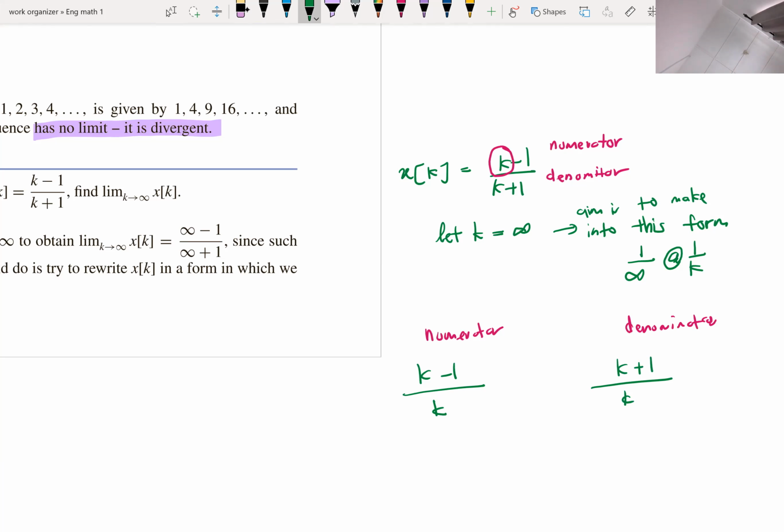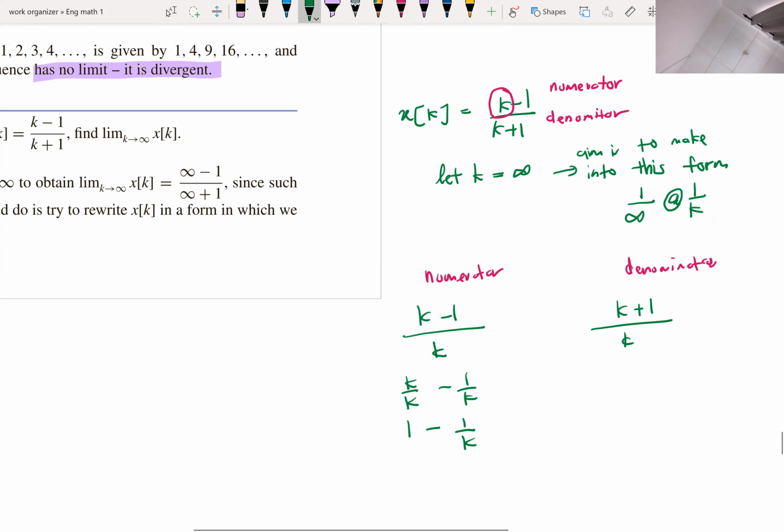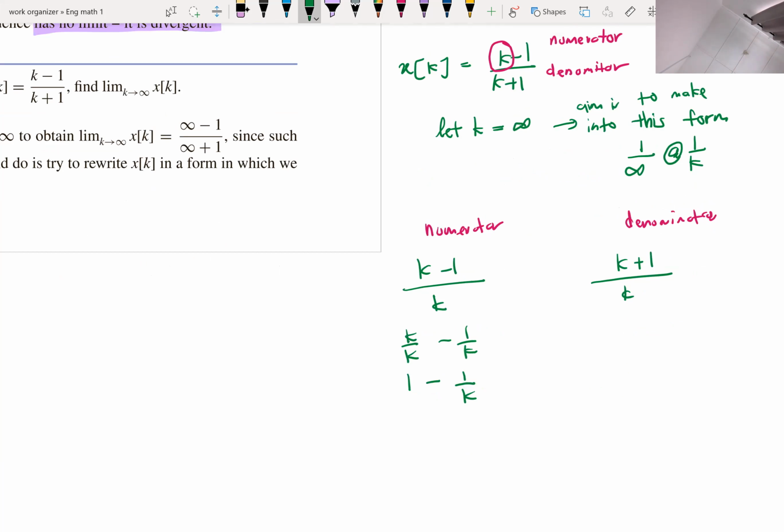So simplify: we have 1 minus 1 over k, and then k over k plus 1 over k, so we have 1 plus 1 over k.